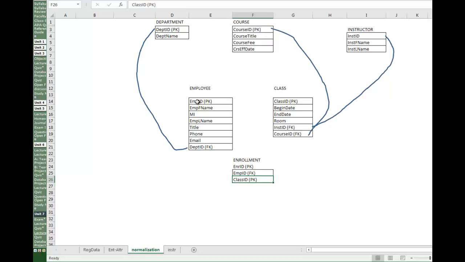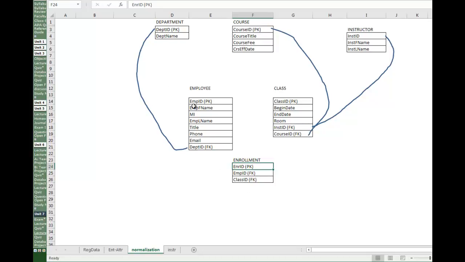So you can't have them both as primary key in both places. The same goes with class ID; here it is going to be a foreign key. And remember, I said that the foreign key should be placed in the many side of the relationship.